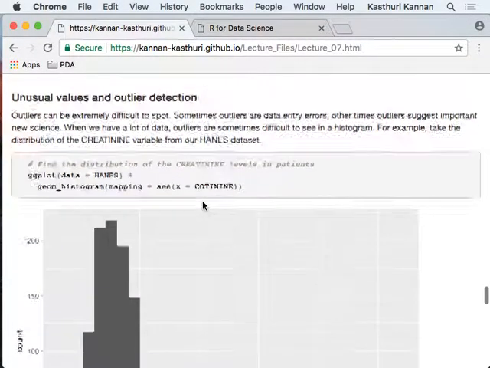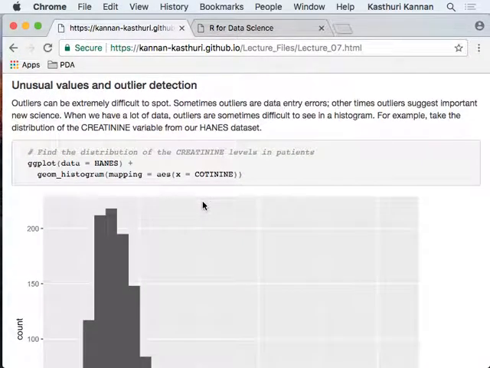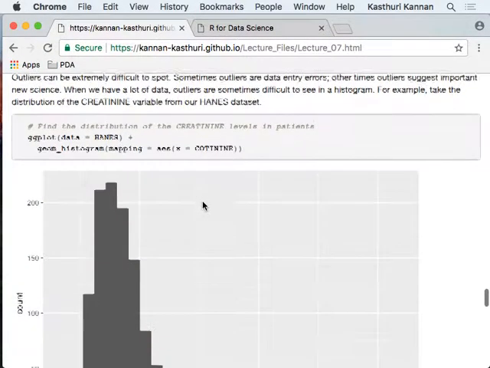Unusual values. In general, this is one of the important aspects of data science: doing exploratory data science, you are bound to see some outliers, and the outliers need not necessarily be non-normal. There could be something exciting in the outlier. You have to chase the outlier sometimes, and these are difficult to see initially.